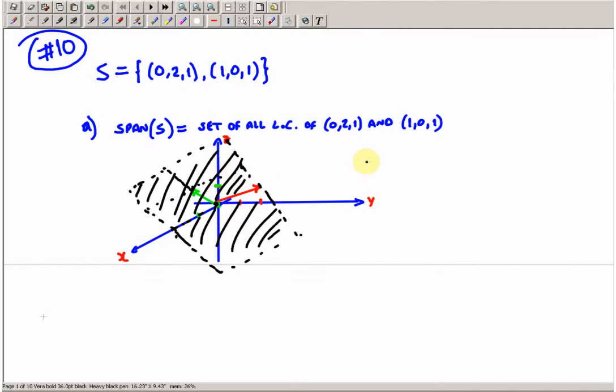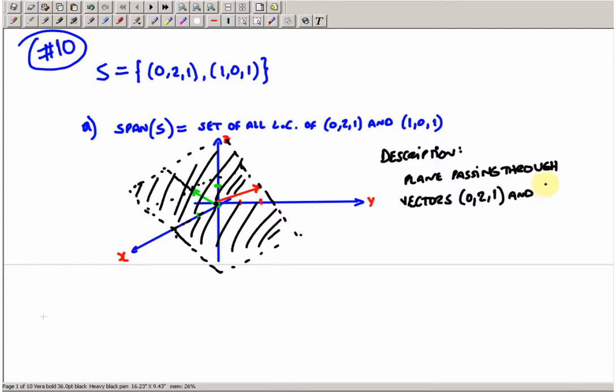Another description would be: the plane passing through the vectors (0, 2, 1) and (1, 0, 1) and the origin.